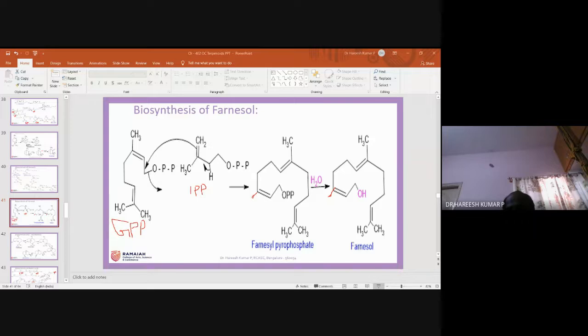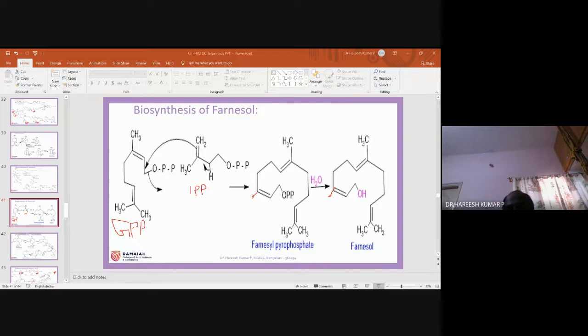And after this double bond, CH2 is there, that is CH2 OPP. So that is how the transformation of this moiety into this one. The obtained one is called labdadienyl pyrophosphate. Okay, this labdadienyl pyrophosphate again undergoes cyclization.